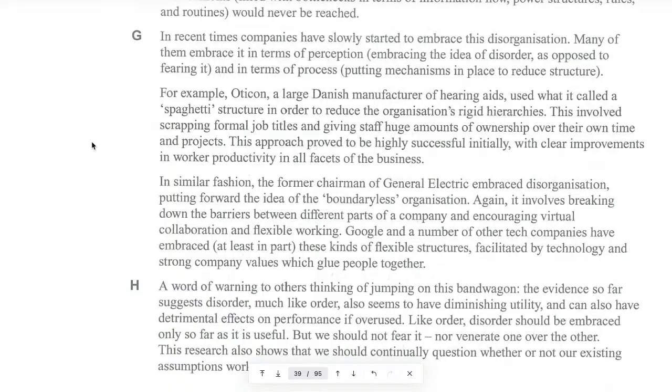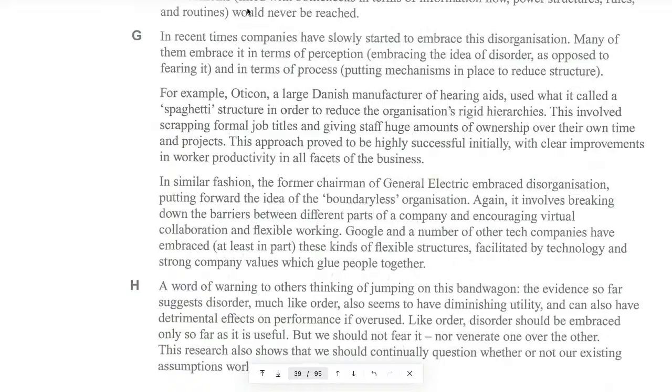This approach proved to be highly successful initially, with clear improvement in worker productivity in all phases of the business. Well, here they give some kind of example like these companies. That's just another example, just like General Electric, and here we have Google, and here we have Oticon, a large Danish manufacturer. So they just give some examples of some organizations here. So it's just similar to paragraph 3.